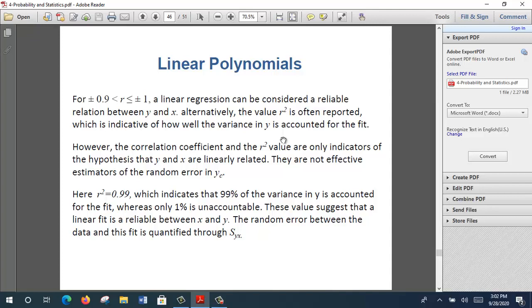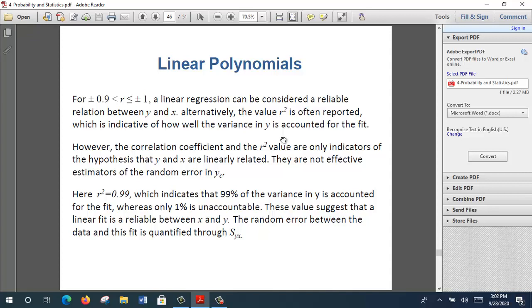You need to remember the r square value is just used to know whether y and x are related or not. It has no effect on the estimator of the error.